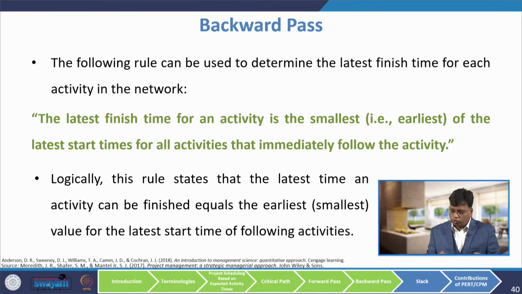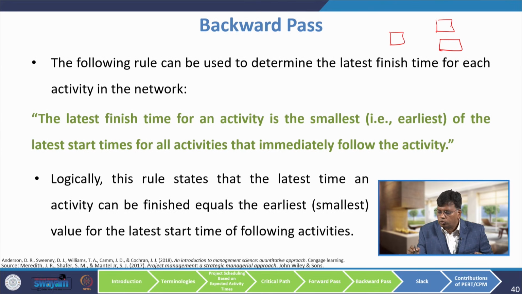Logically, this rule states that the latest time an activity can be finished equals the smallest value of the latest start time of the following activities. Assume again that there are two latest start times, say 25 and 23. The latest finish time for the preceding activity should be the smallest value, 23.